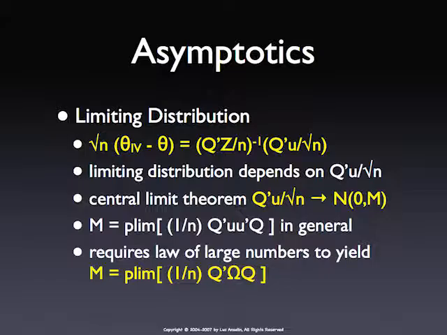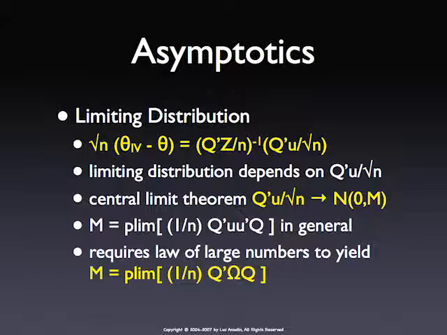And you might have heard the term root n consistency. That's what this is related to. We have the q prime z divided by n, and we have the q prime u divided by n originally, but we're multiplying both sides by the square root of n. The first time you see this, you wonder, where does this come from? That's where it comes from. This rescaling gives you the square root of n here.